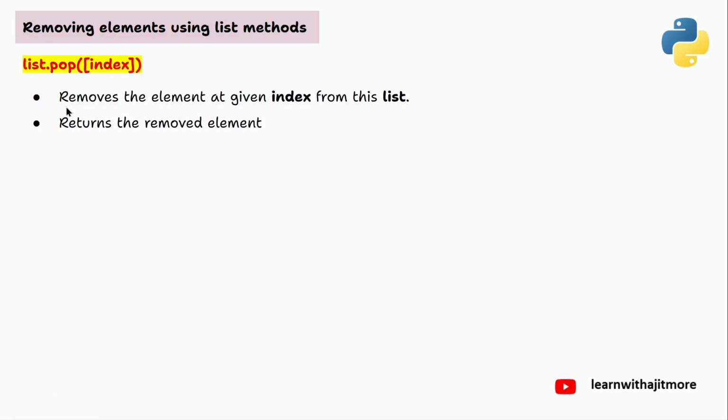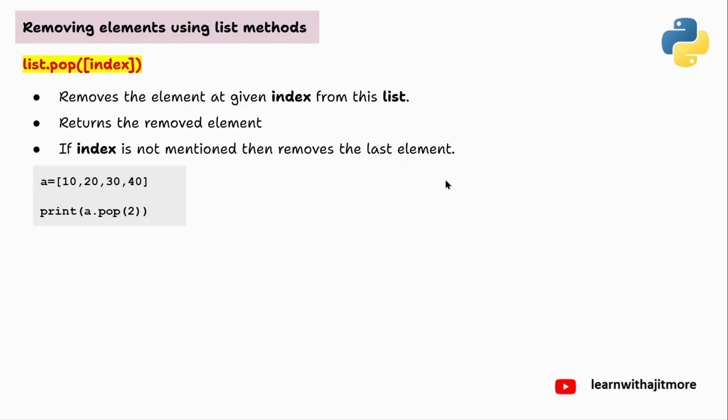Getting? Then, after removing that element, it returns that removed element. जो भी element delete हुआ है, वो return होगा. If the index is not mentioned, by default, it is going to remove the last element. Okay. And if the index is beyond the limit, it is going to throw index error.